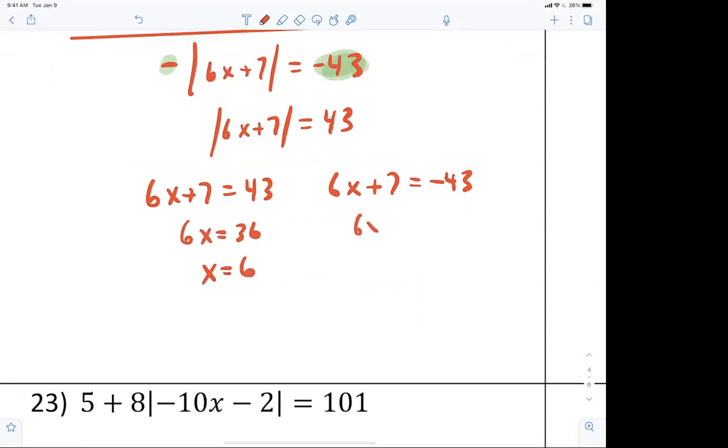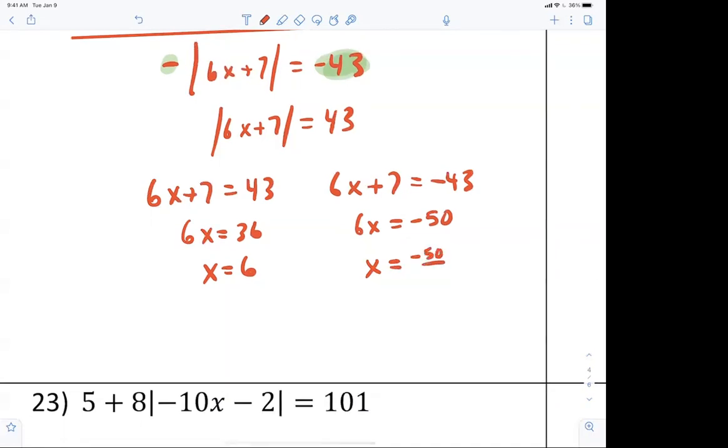Subtracting 7. 6x equals negative 50. Now notice I'm not writing negative 50 over 6 because I know that's going to reduce. If you need to write negative 50 over 6 because you can't do the reducing, go ahead, write it, but then know it's the same as negative 25 thirds. You're allowed to get fractions. All right. Any objections to that?